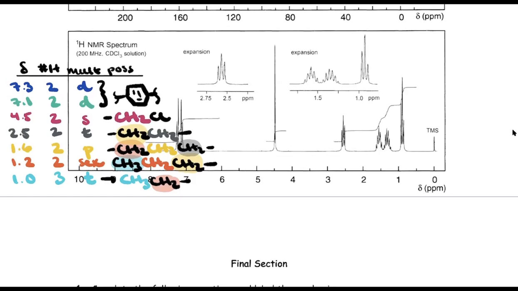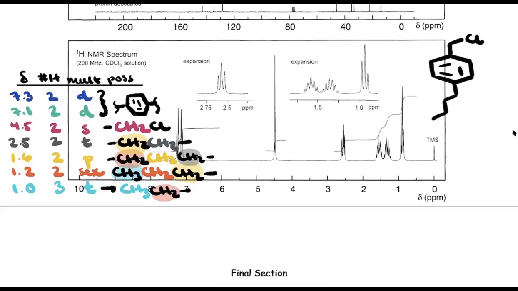We can put everything together. So on one end, we would have the CH2Cl like this. Then on the other end, we would have our 1, 2, 3, like this. Cool, and then this is our structure.